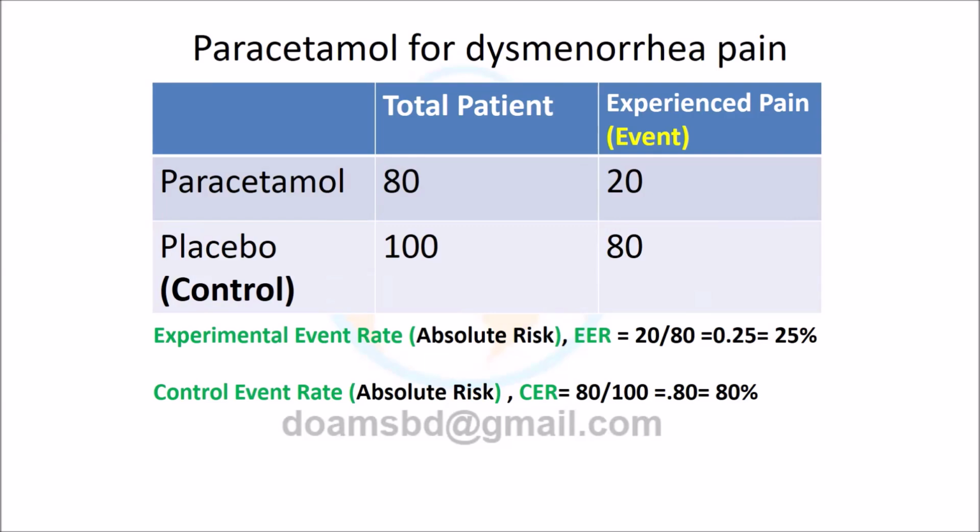This is the event. So remember the words: one is called the event, another word is control. In the treatment group, 20 events happened. But in the placebo group, how many events happened? 80. So what does it mean? Even without medicine, 20 patients get rid of pain. Pain is relieved.